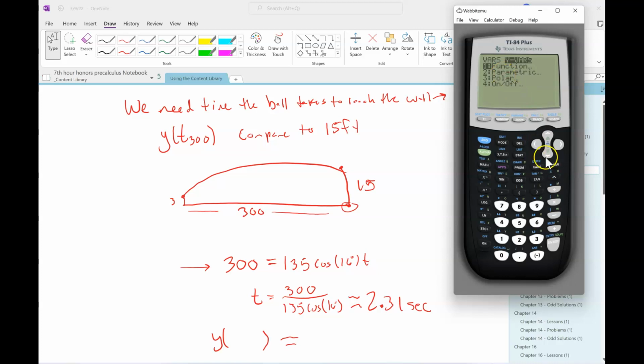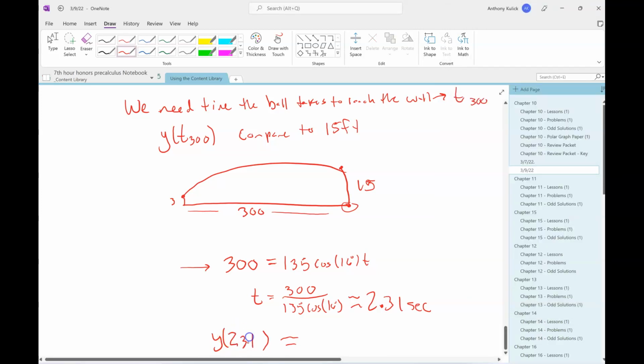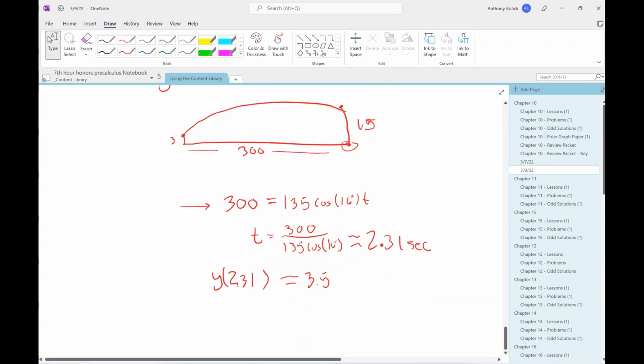We're in parametric mode, so I'm going to select that, and I put mine into y2t, the equation I'm interested in. I'm going to do that of my previous answer, and it spits out 3.5. So that's the height of the ball after about 2.3 seconds, which is when it's getting to the wall.